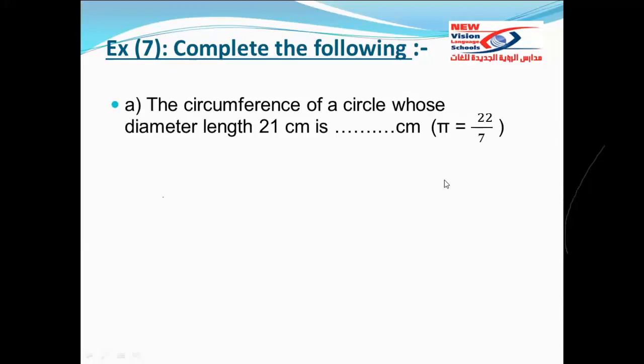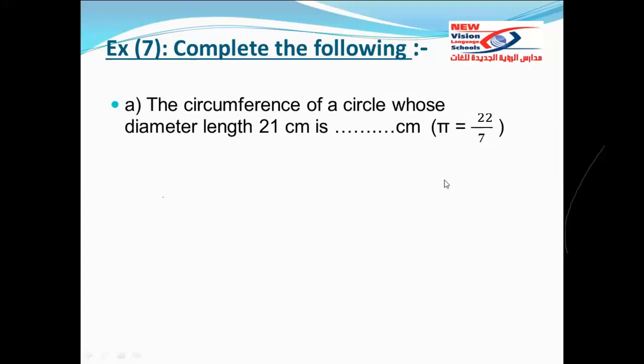The circumference of a circle whose diameter length is 21 centimeter is space centimeter. Excellent. What rule? Diameter times pi.